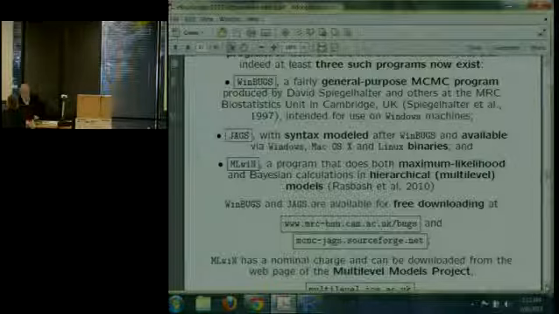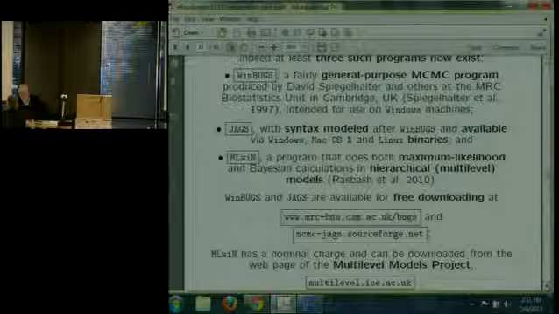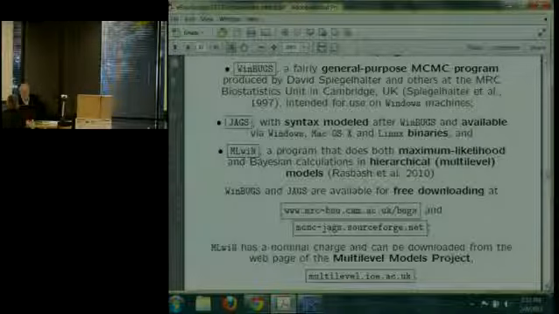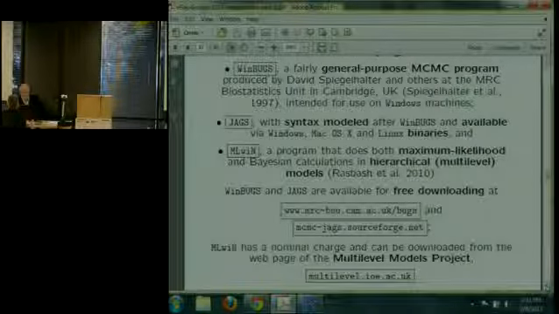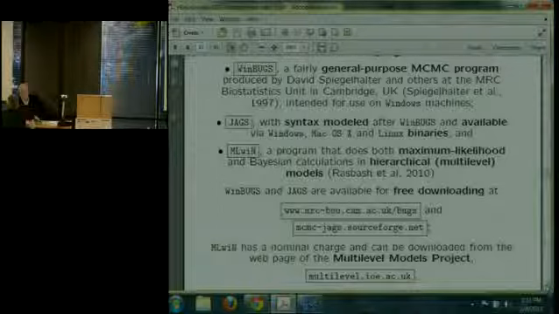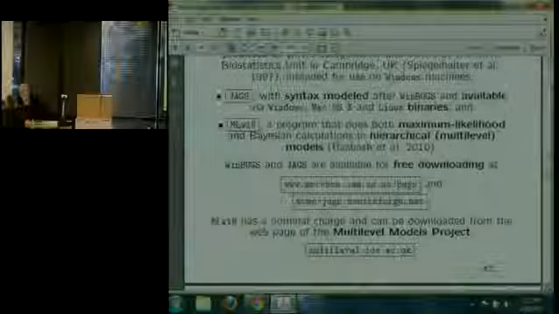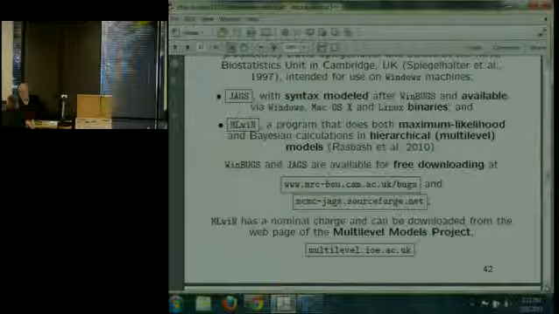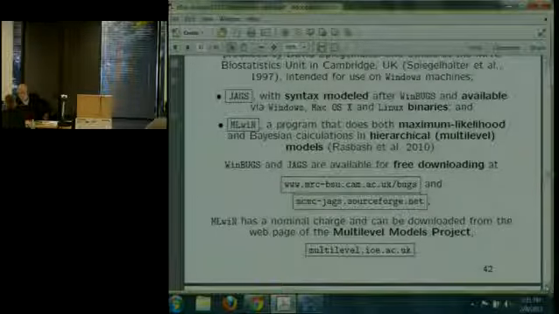They plow all the money from the charges into the development of better, newer releases of MLWin. So MLWin is a good package to know about if you find yourself needing to do MCMC on larger data sets than you would have tried to use on WinBugs.